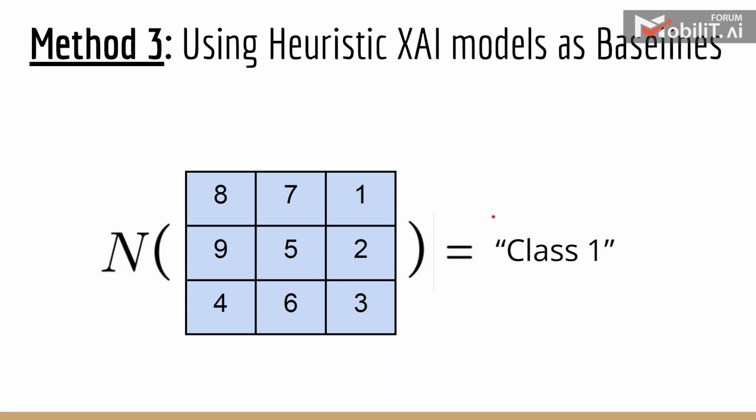Finally, we can use heuristic XAI techniques in order to perform our queries more efficiently. In this particular case, assume that we use LIME or SHAP or some heuristic XAI technique to rate the features by their importance. So 1 is the most important feature, 9 is the least important feature, and now we can perform these queries in an ordering that makes more sense.